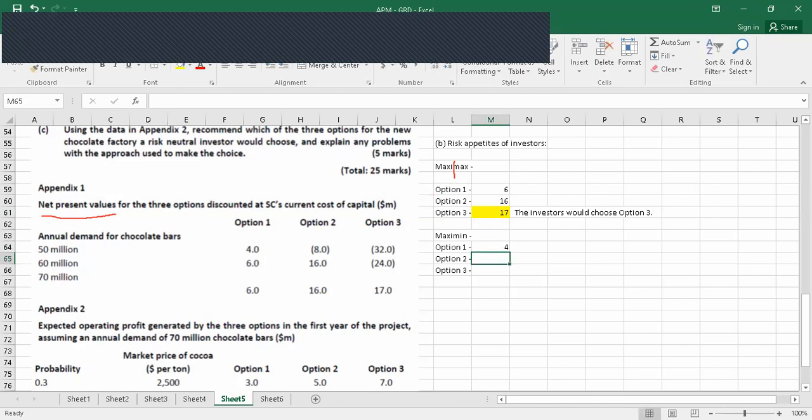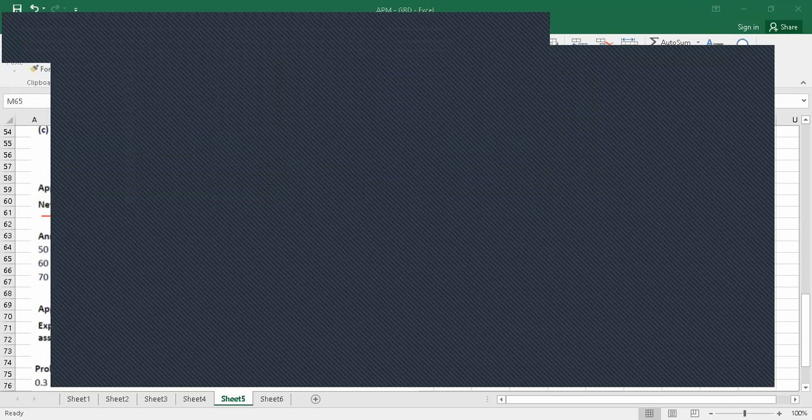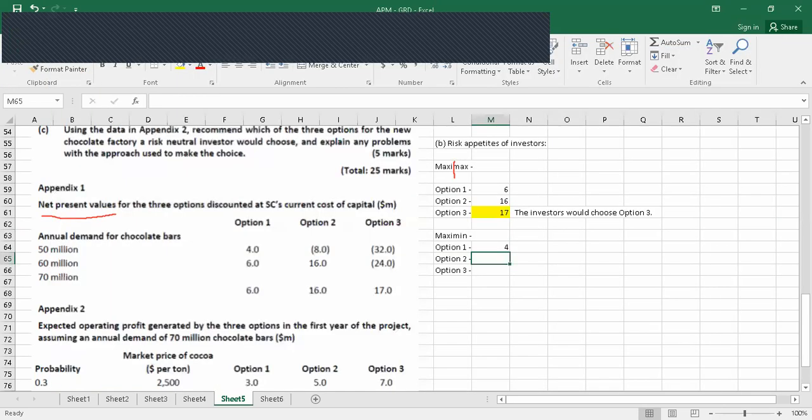Then we see it is -8, and then we see 16 is the other one, and between that nobody would want to earn a minimum return which is in loss. So the next thing is 16.